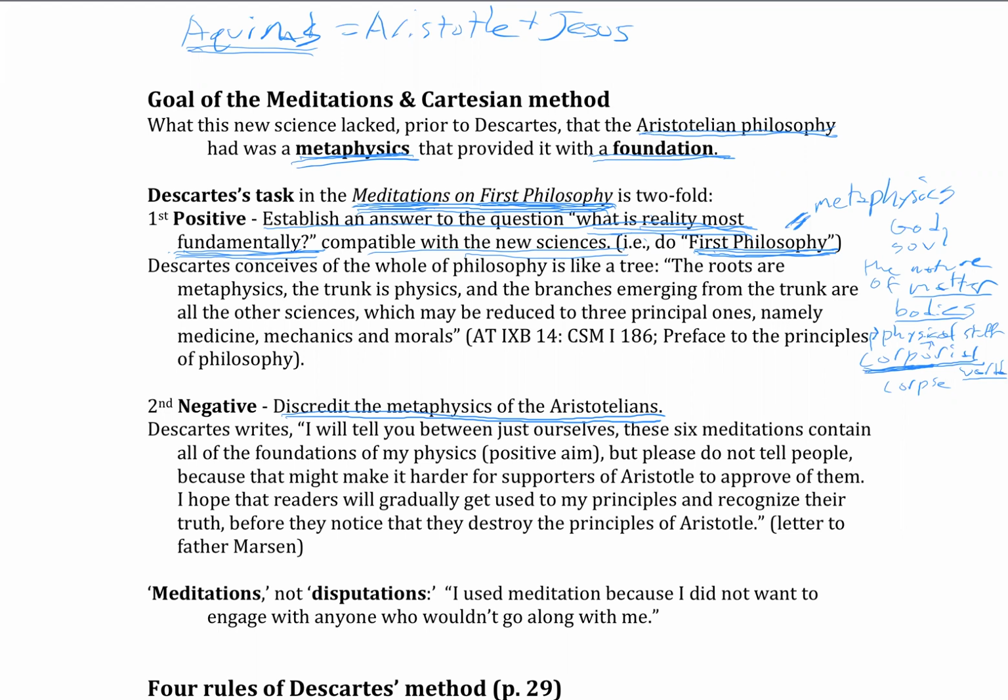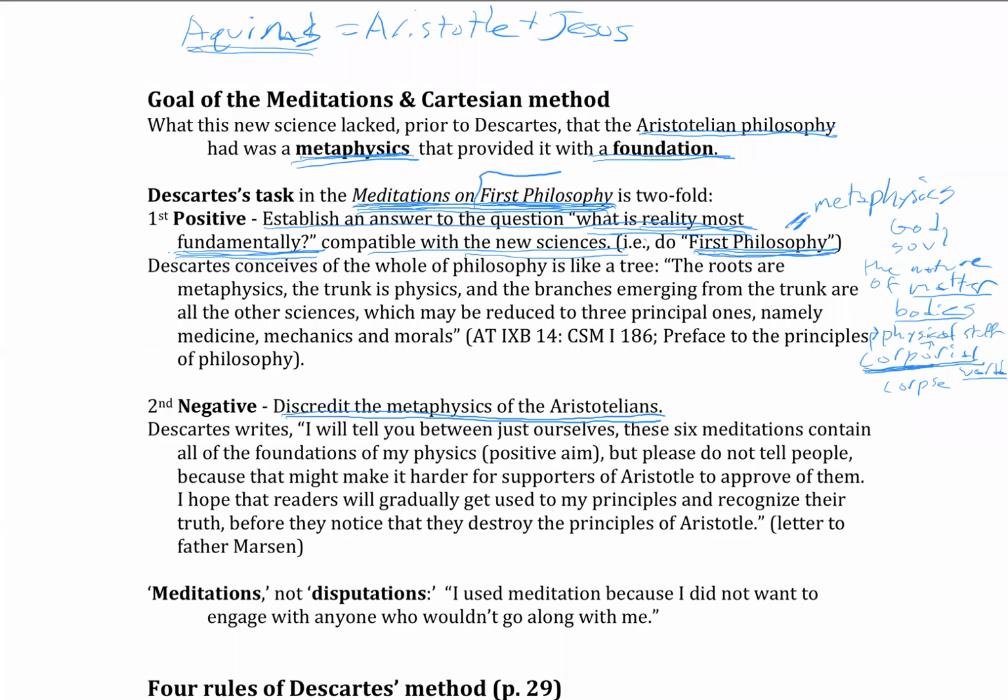And so the Meditations, as a work in first philosophy, Meditations on First Philosophy, the Meditations as a work in metaphysics, is going to have two aims.